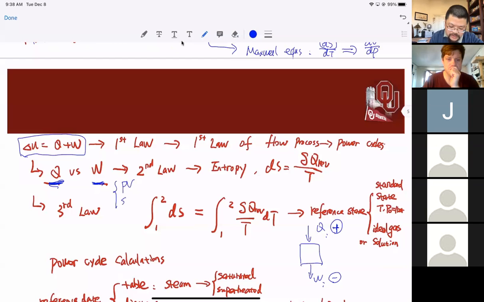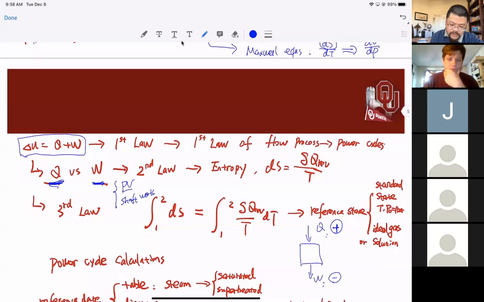We would have this shaft work utilizing engine, pump, or other equipment to do a mechanical work upon the system, or the system will output this mechanical work, say turbine, right? So that is the work calculation.